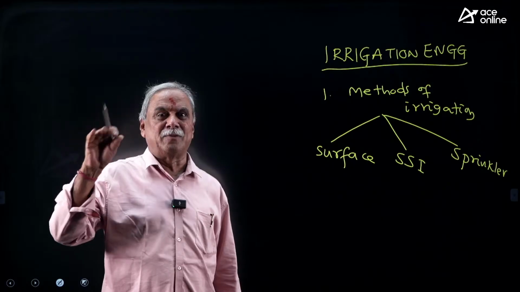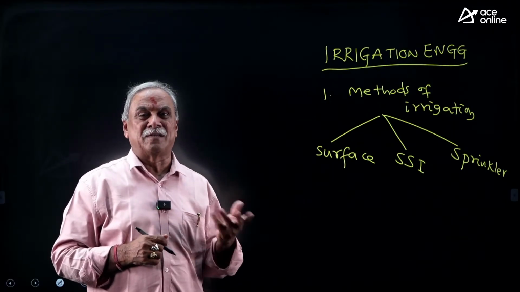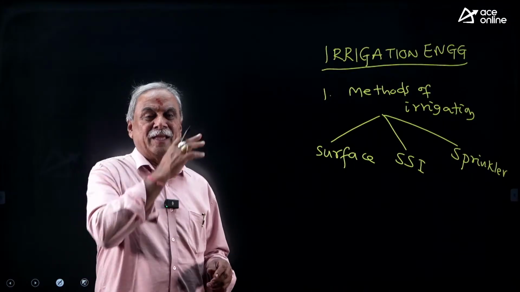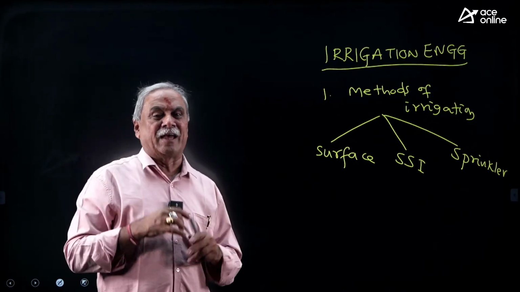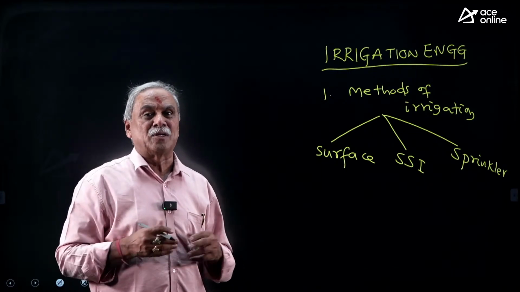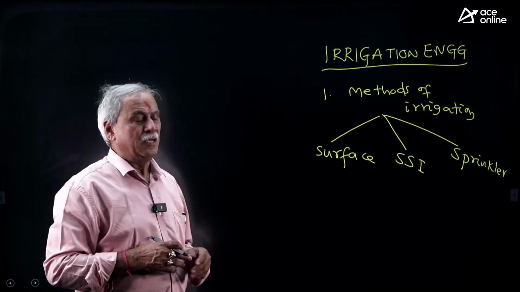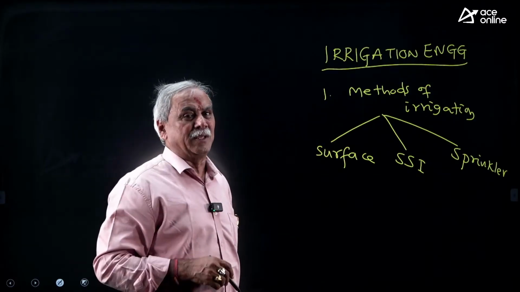When the groundwater table is too low, when the area is suffering from insufficient rainfalls, when the area is having lots of ups and downs, when the soil in the fields are having less porosity and more permeability, there is no other option but going for sprinkler irrigation. So methods of irrigation is one general area where the question will be given.